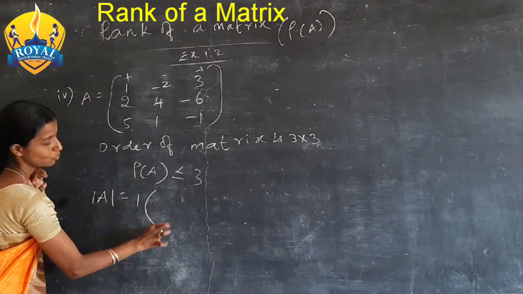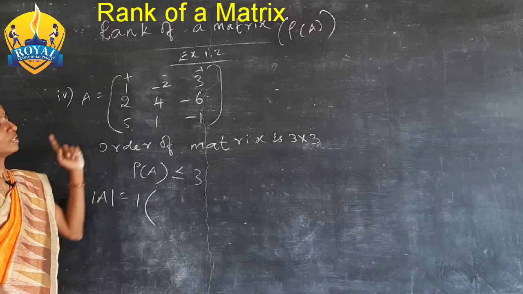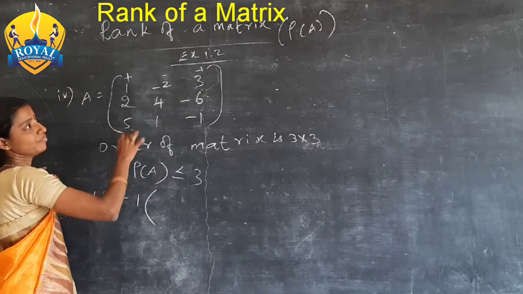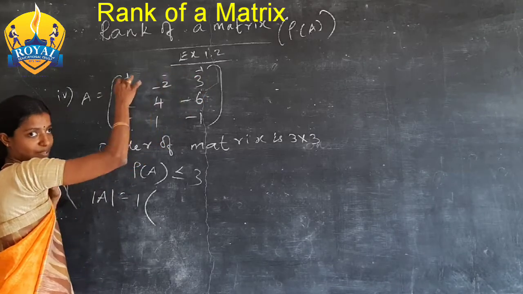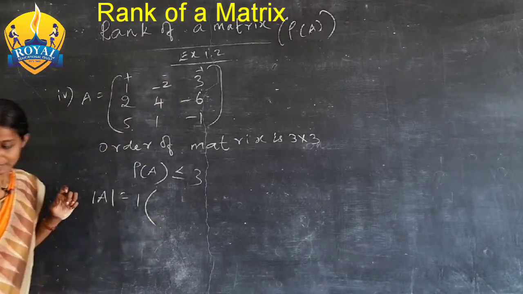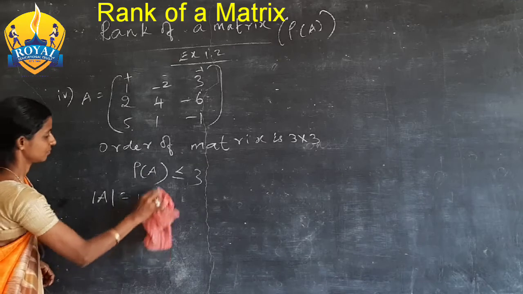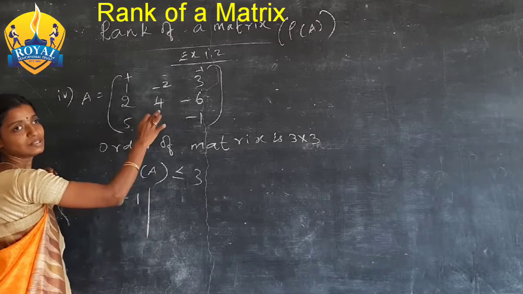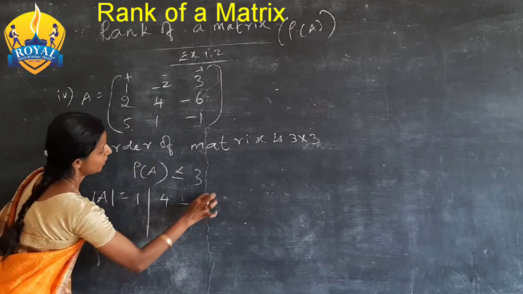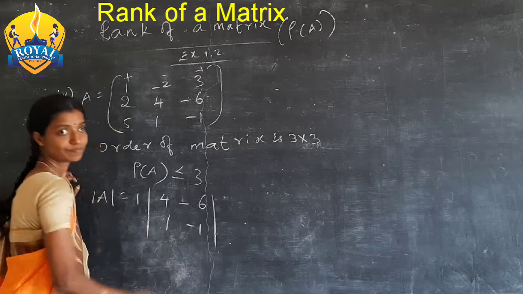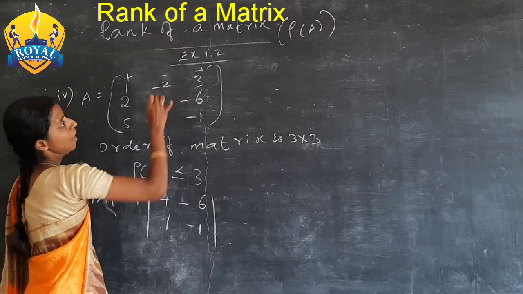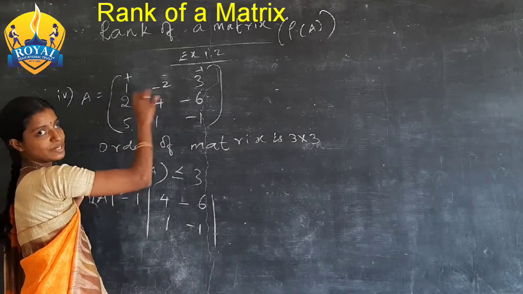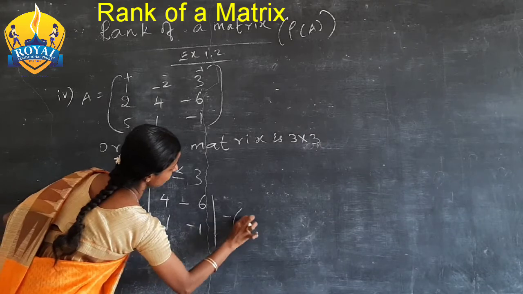Now 1 into, if I take 1, deleting the corresponding row and the corresponding column, I have 4 minus 6, 1 minus 1. Now here my position is already minus, and my value is minus 2, so minus of minus 2.